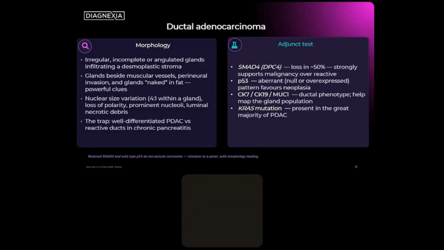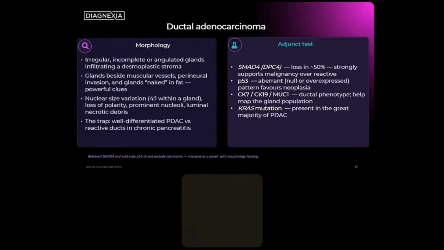But just examine the glands that are in a perineural locale, because, as I'll mention later, chronic pancreatitis does some funny things as well. Then look at the cytology, and this is the key feature for me, always has been: the nuclear size variation.